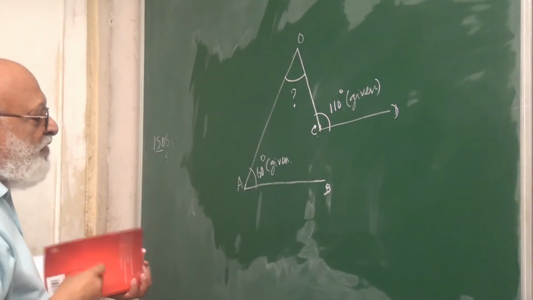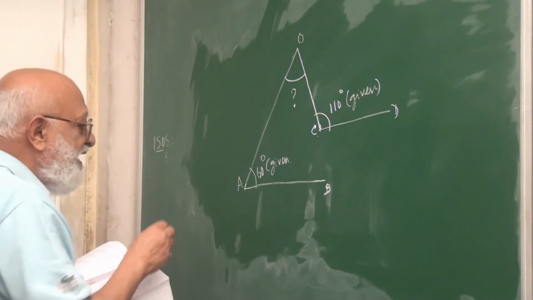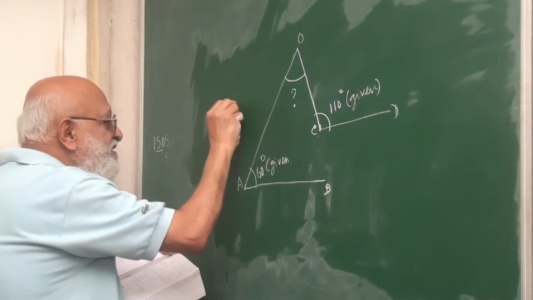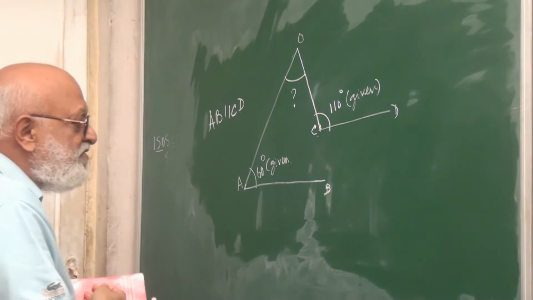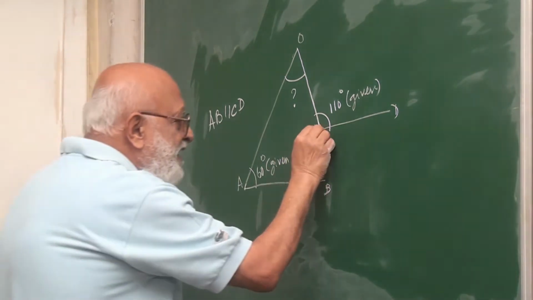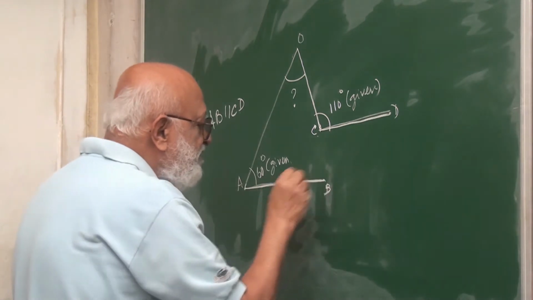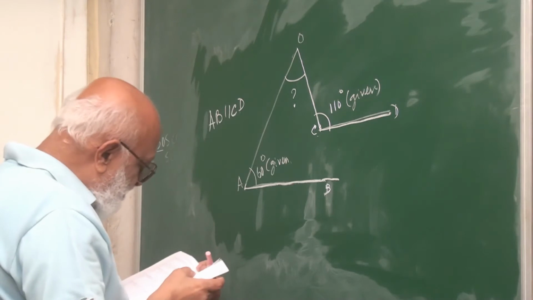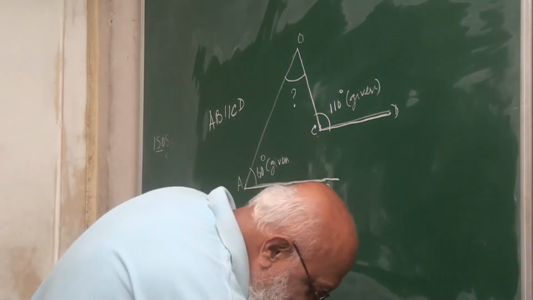Okay, so what do we do for this? Further it is given, AB is parallel to CD. Okay, so this is parallel, and this is parallel. Now I have to again get a transversal.